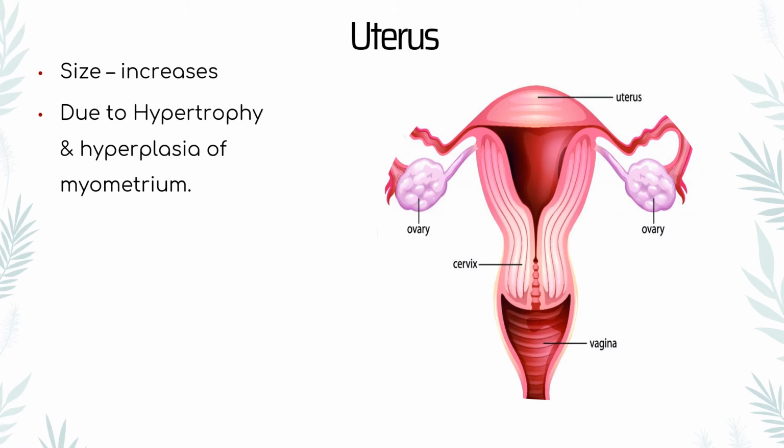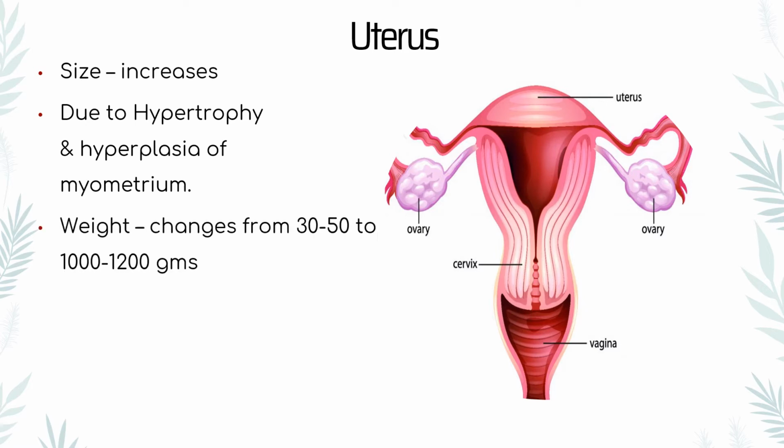Enlargement is mainly due to the hypertrophy and also hyperplasia of the myometrial smooth muscle fibers. The amount of connective tissue and the elastic tissue in between the muscle fibers also increases.